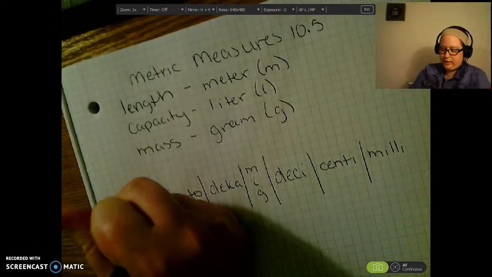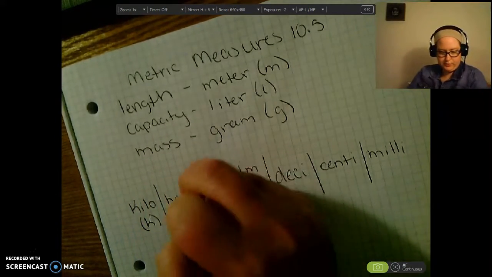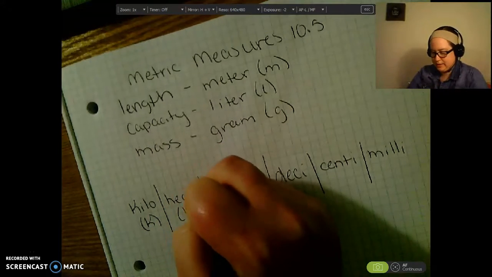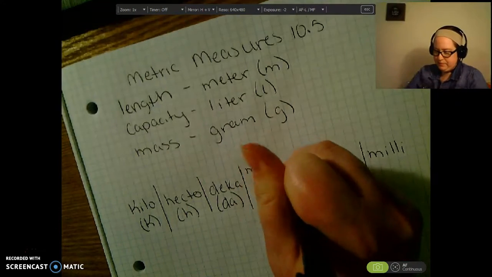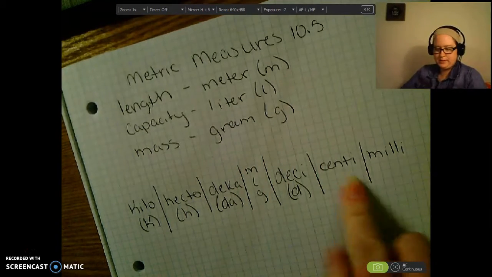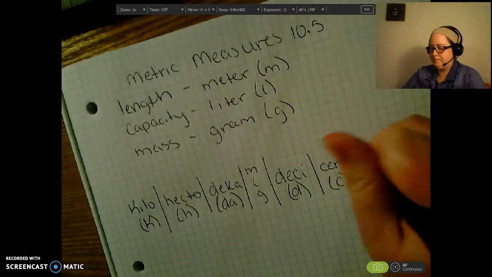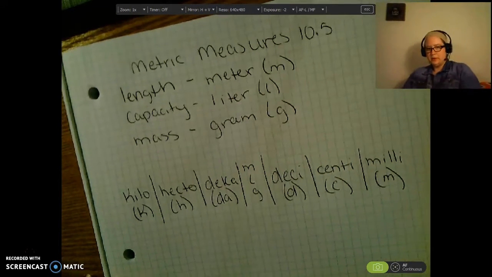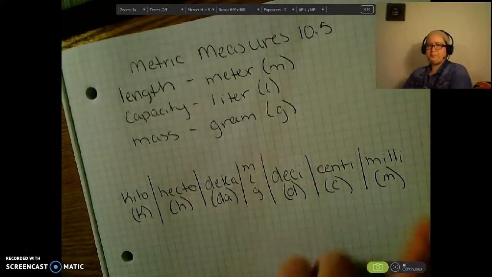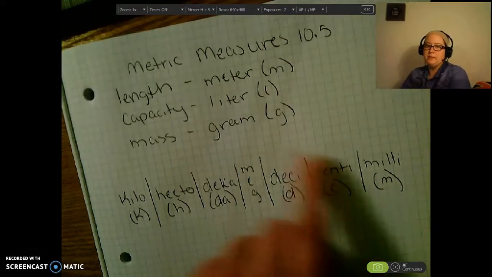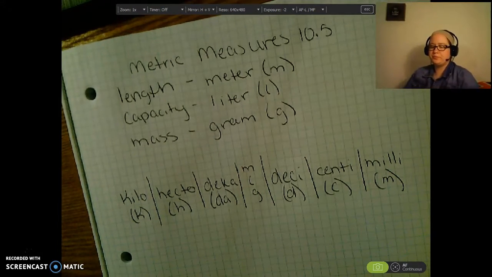We abbreviate kilo with a K, hecto with an H, deca is DA, deci is D, centi is C, and milli is M. Some of these you've seen: centimeters, CM, millimeter, MM, or milliliter, ML.